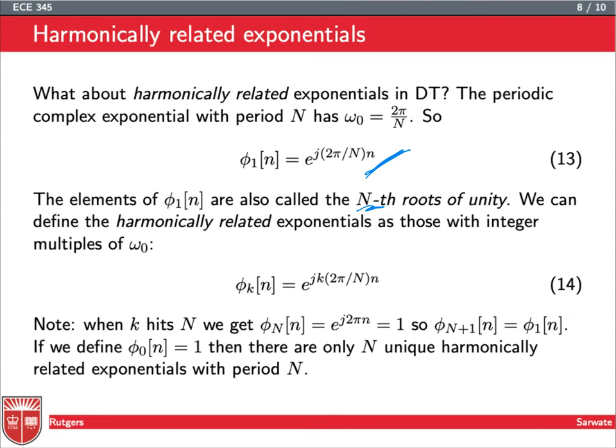So this thing is equal to the capital Nth root of 1, and that holds for every value of little n. So when we look at these harmonically related exponentials with integer multiples of omega naught, we can see that there are actually only capital N uniquely harmonically related exponentials. Little k can range from 0 to capital N minus 1, or 1 to capital N, depending on how you want to think about it.